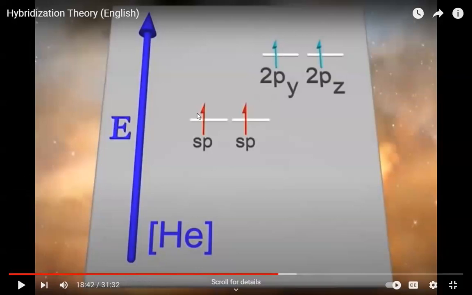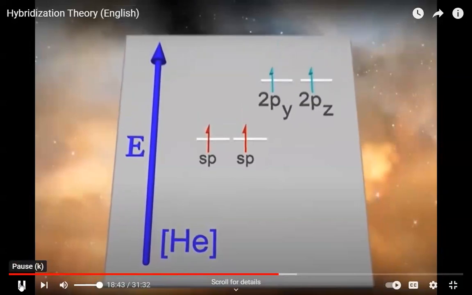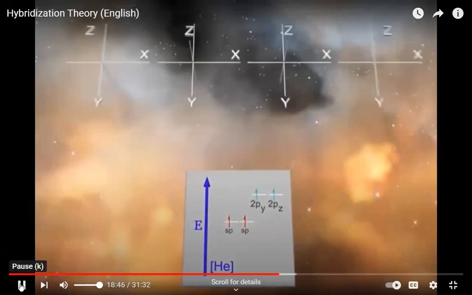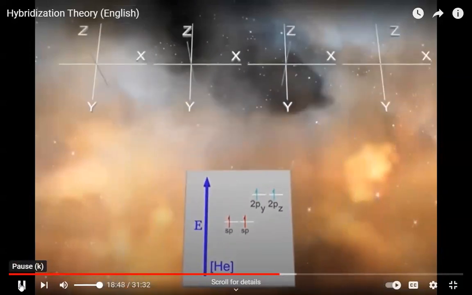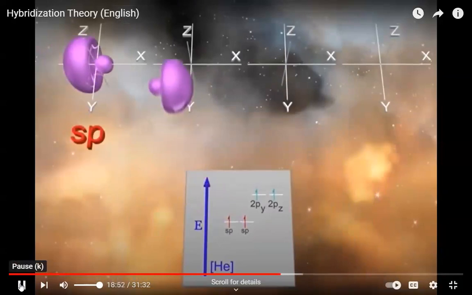So now you have two hybrid orbitals and two regular p orbitals left over, right? Two regular p's left over. The shape of the new sp hybrid orbital is characterized as one part s and one part p.